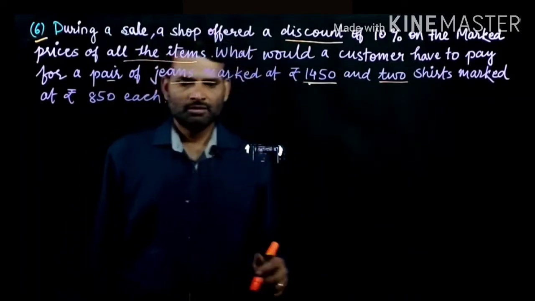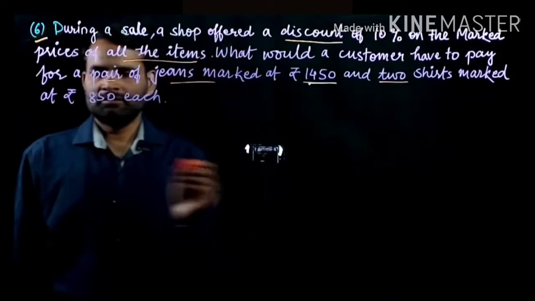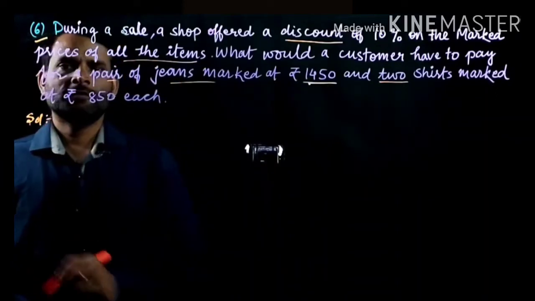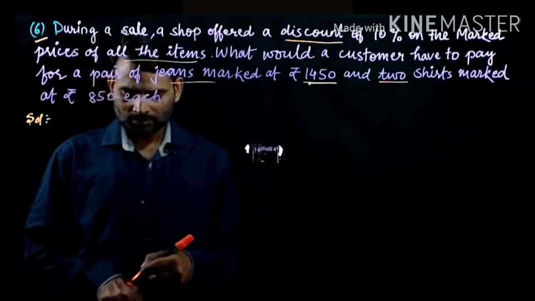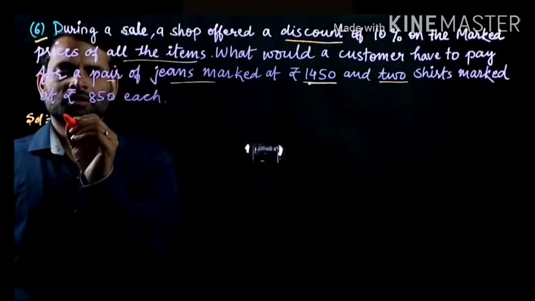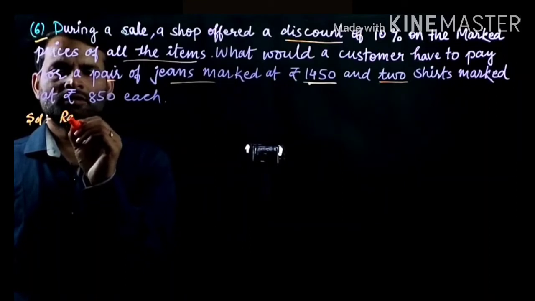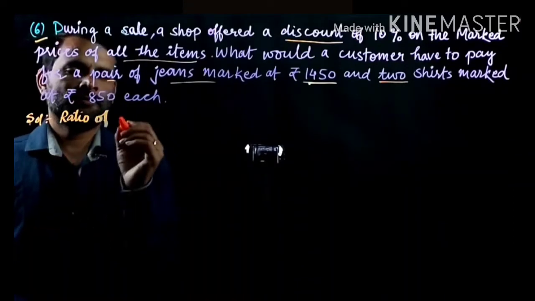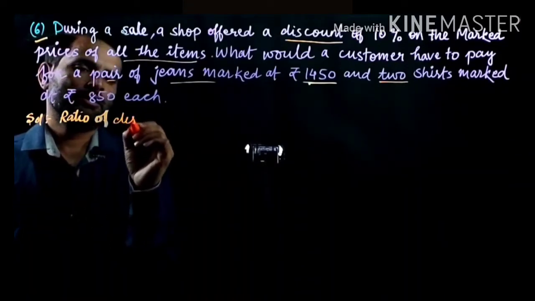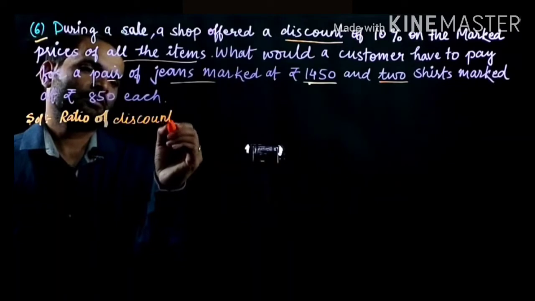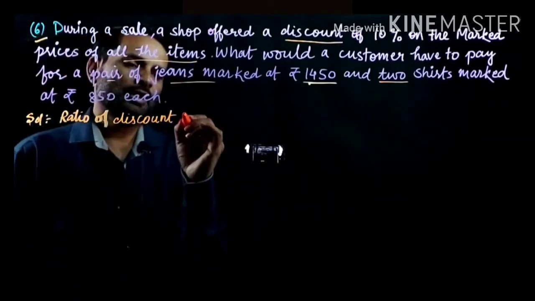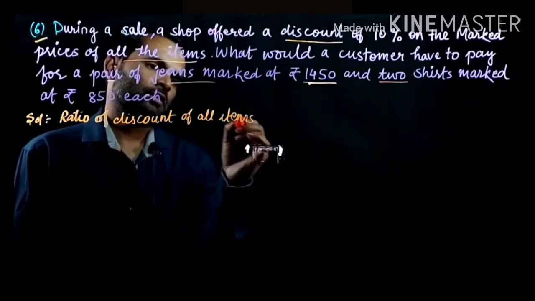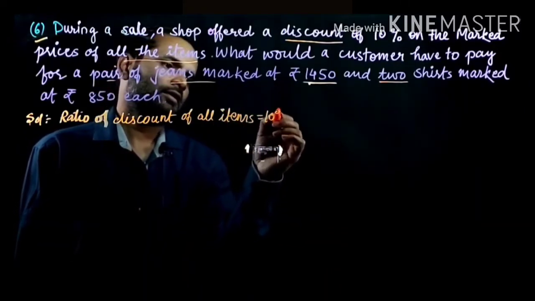Okay, so you start first to solve. Now, the rate of discount on all items is 10%.